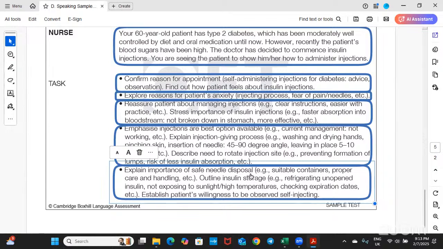So you can demonstrate it first to somebody else, if anybody is there, or you can ask him to come at a time when you are giving insulin injection to somebody, and you can ask him to watch how you are giving them, and then you can ask him to take on his own. Okay, so you can plan very effectively.